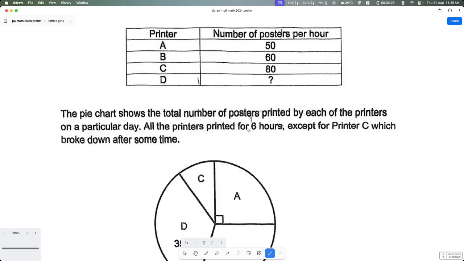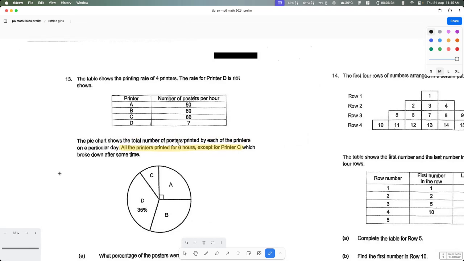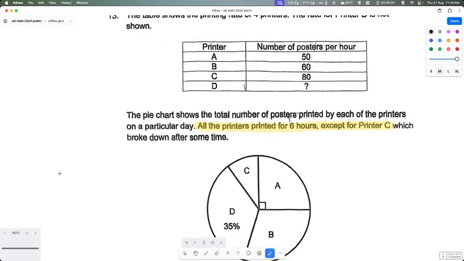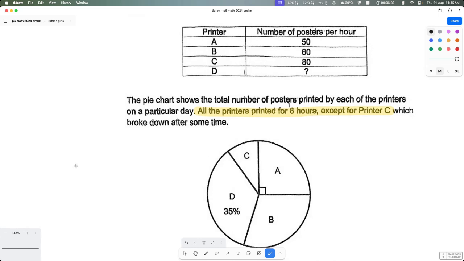We know that all printers except for printer C printed for 6 hours. So what we can do is first get the number of posters printer A printed in 6 hours. That is equal to 50 times 6.